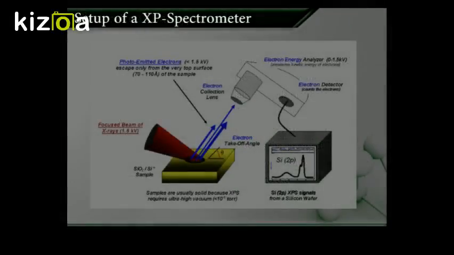This is actually what the equipment looks like. Let's say we have a silicon dioxide sample and it is placed in a high vacuum, of course, not to forget. Then we focus X-rays on it. These will eject electrons out of the sample, as shown here with these blue arrows, the so-called photoemitted electrons.